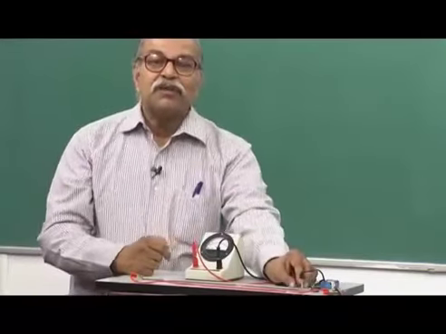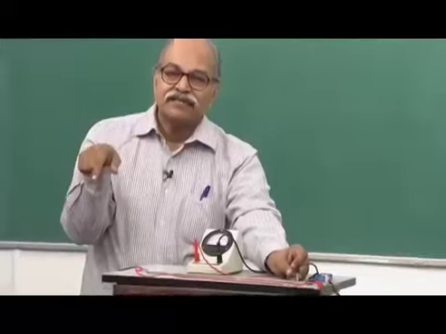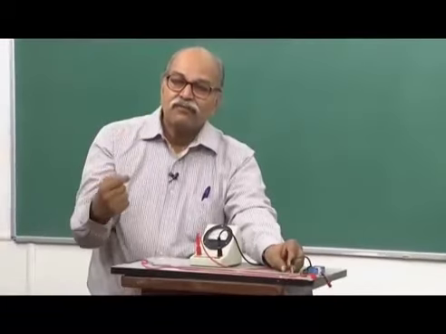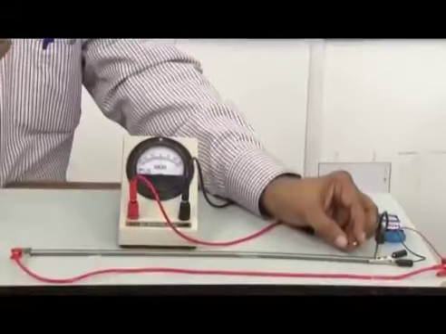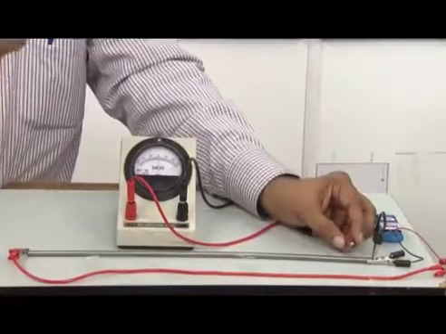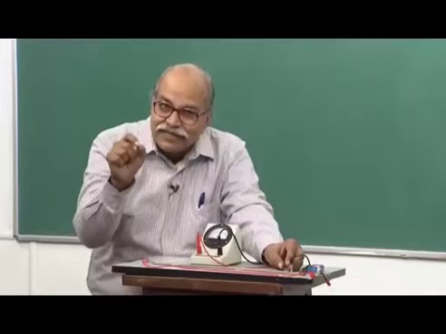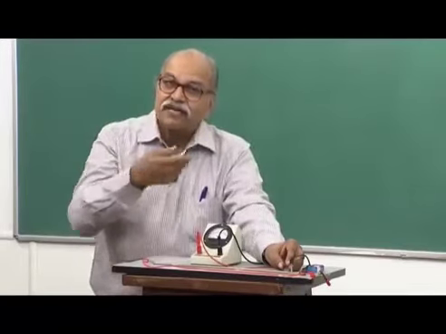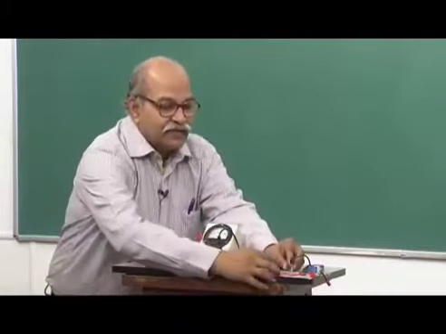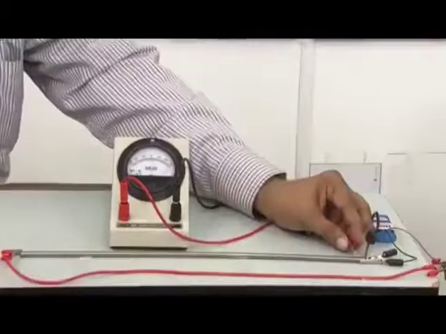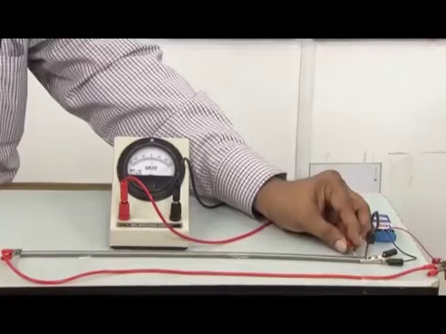So, you remember our VI characteristic. In the forward bias, if I apply a small voltage, very negligible current goes, and once that knee voltage is achieved, after that it goes rapidly. That you are seeing here. If I connect this across a small length, I am applying a small voltage.